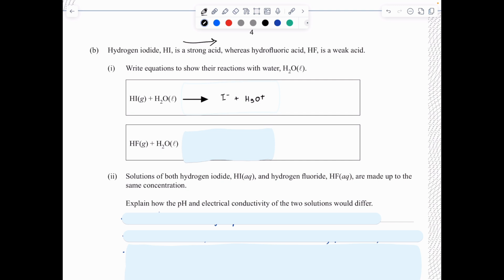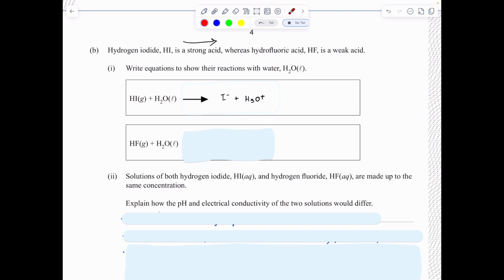So as you can see here, we've got HI plus water, and it's dissociating into its ions. So the HI is donating its hydrogen to the water to turn it into H3O+. And because that HI has lost a hydrogen, it has a negative charge.